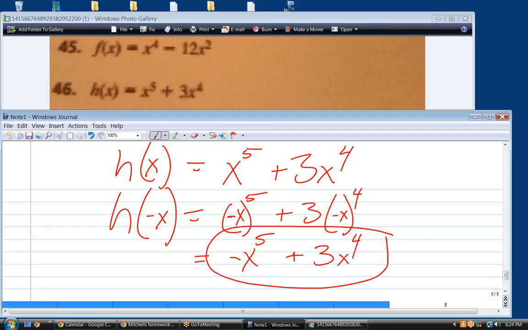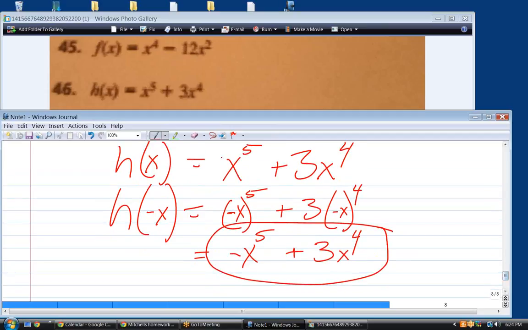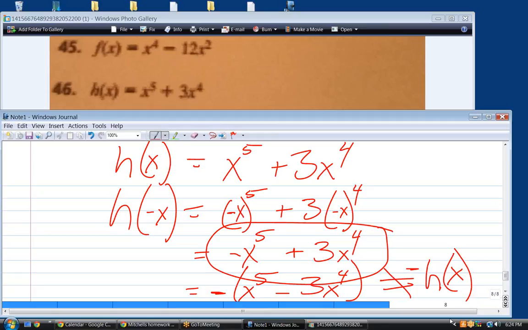Is that equal to either h of x or negative h of x? No. It's clearly not equal to h of x. And if I try to make it look like a negative h of x by factoring out a negative, and that's always the step you end up doing, well, that is not negative h of x. So it's neither negative h of x nor h of x, making it neither.